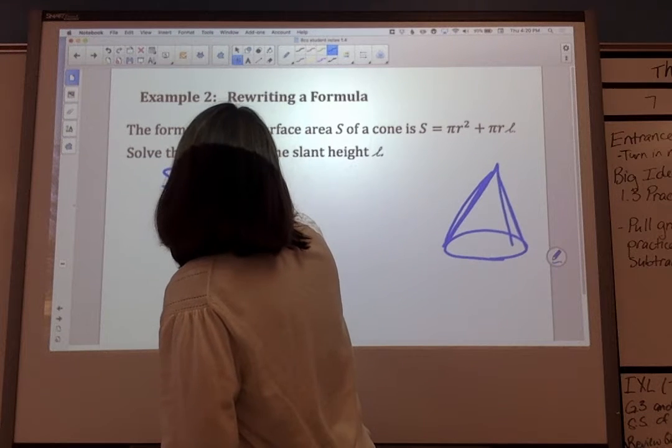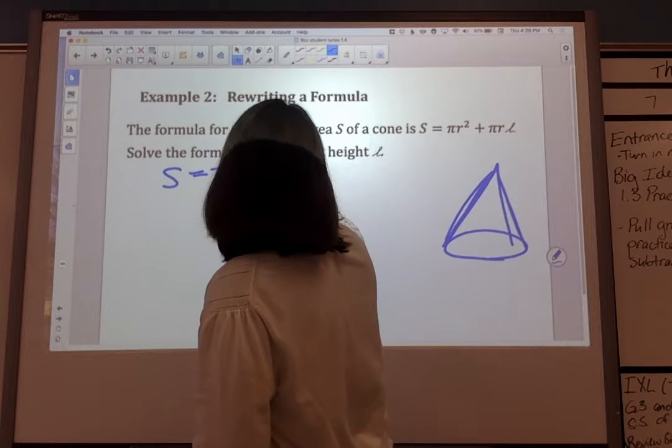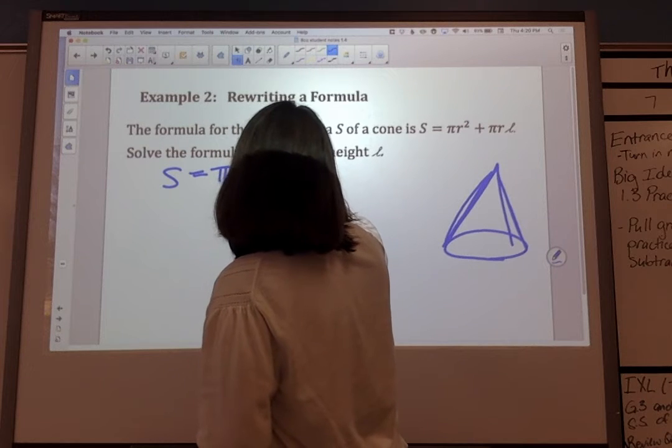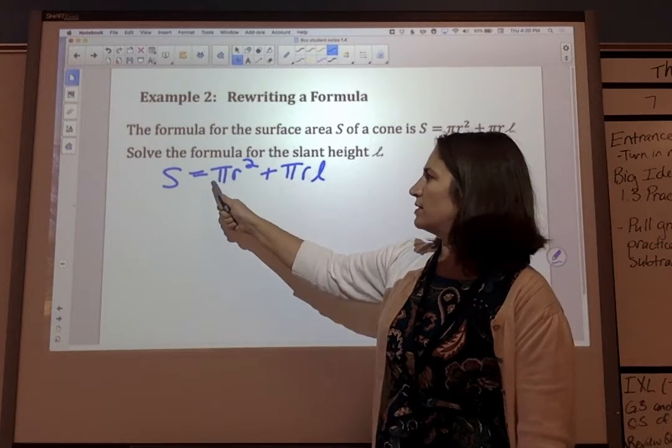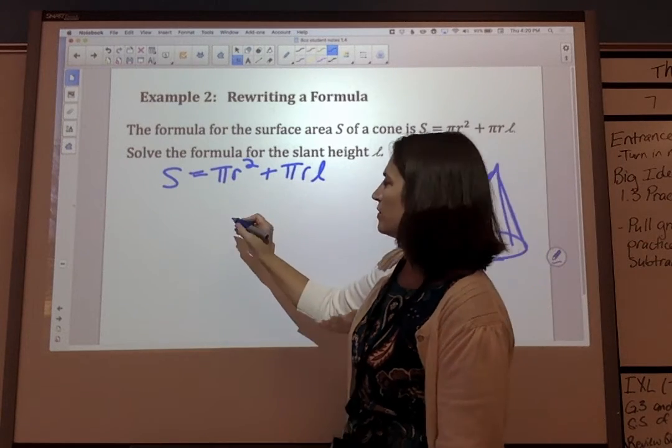S equals pi r squared plus pi r L. Okay, so my first thing is going to be to subtract pi r squared from both sides.